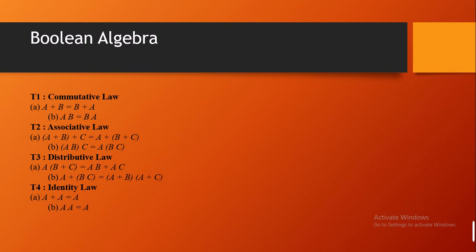Then there is the distributive law. Distributive law is a(b plus c) equals ab plus ac, and a plus bc equals (a plus b) multiplied by (a plus c). This is the distributive law.